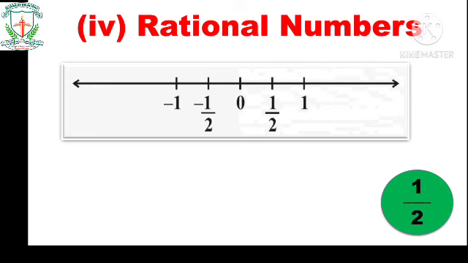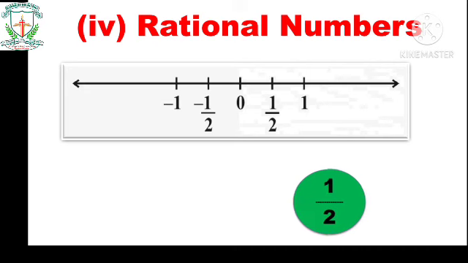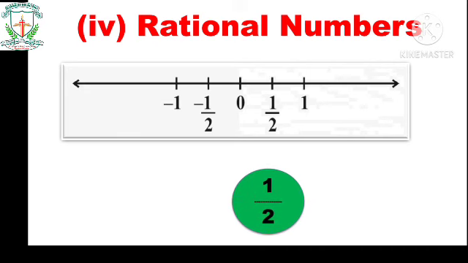The denominator is 2, so we divide into 2 equal parts. What does the numerator tell? It tells us the number of parts starting from 0. So the numerator is 1 and therefore we take one part from 0 and mark 1 by 2 here.